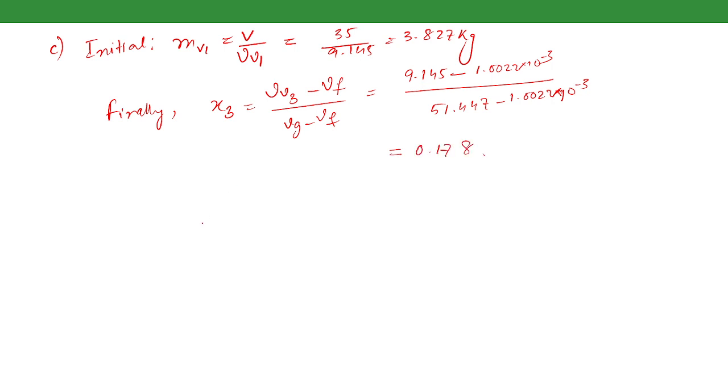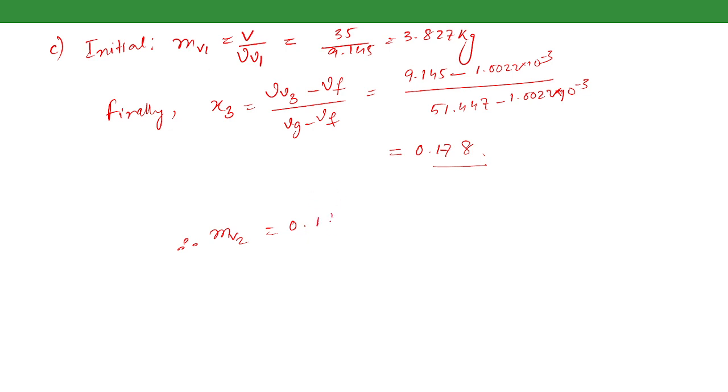Therefore, the final mass of vapor: initially this mass was present, and after the condensation began, a fraction has converted to water and the remaining fraction is in vapor. Fraction of what? Fraction of the total initial mass of the vapor.